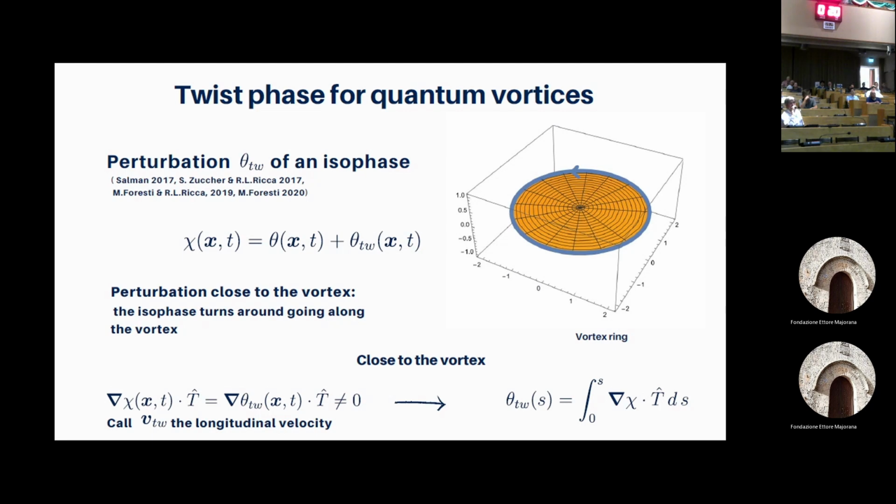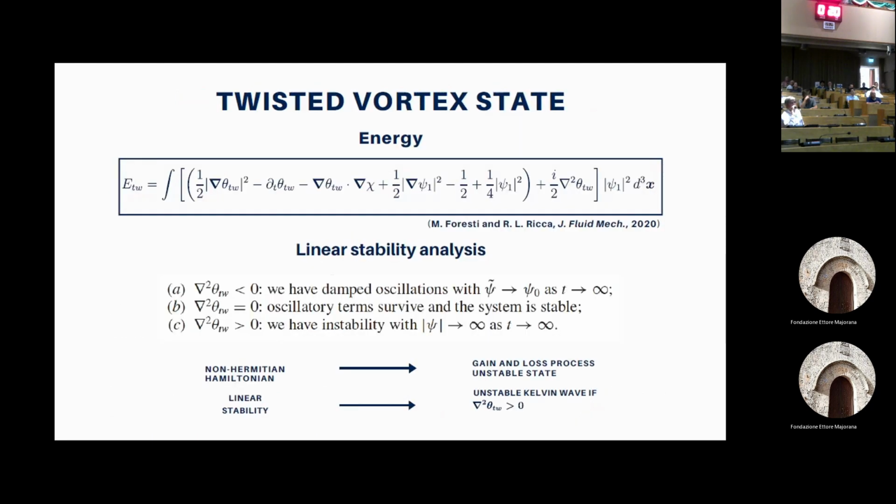But in a previous paper, 2020, we tried to twist a quantum vortex, a quantum defect, and to study its dynamics, what happens at a twisted vortex in a Bose-Einstein condensate. And what we found out is that the energy of a twist is complex.